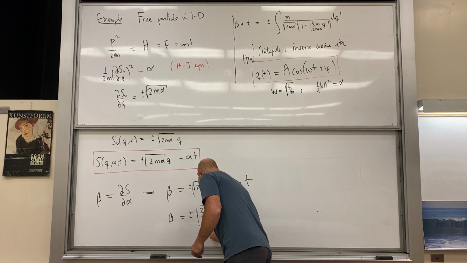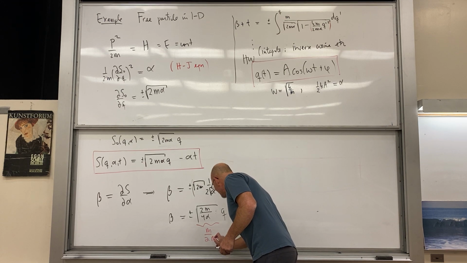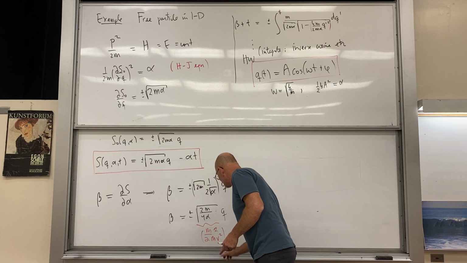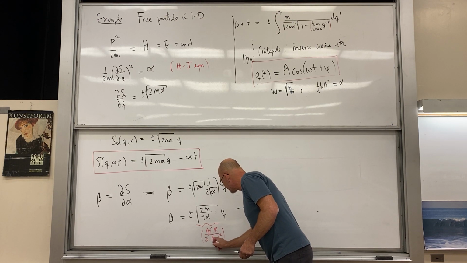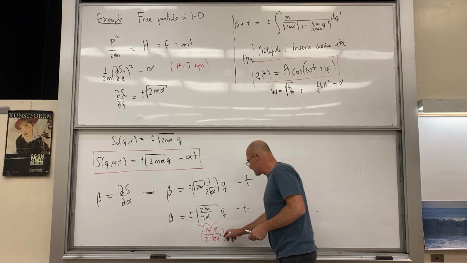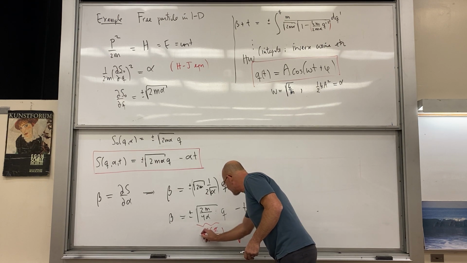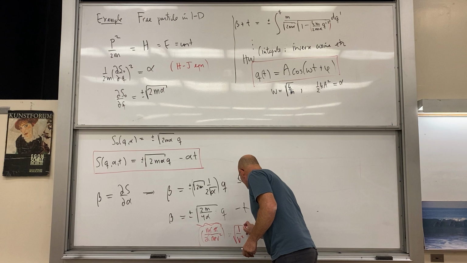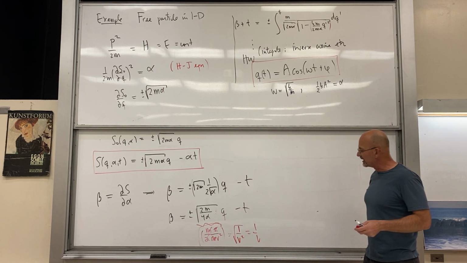That's m over 2, but remember the energy is m v squared over 2. So those 2's would cancel, m would cancel, and I'm looking at 1 over v squared, since that's the square root of both of those. That's 1 over v, 1 over the magnitude of v.